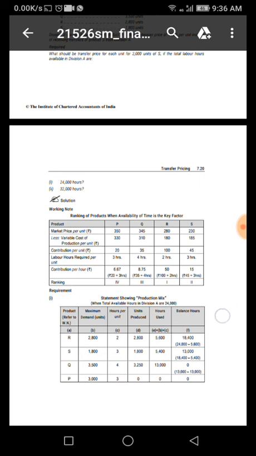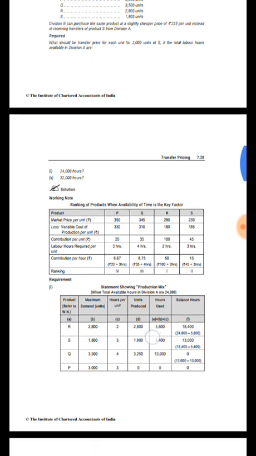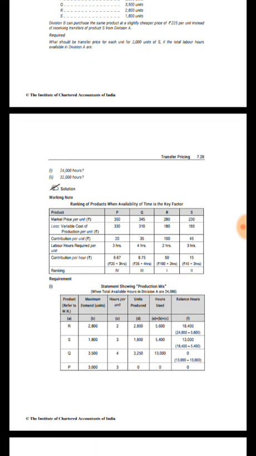Here you can put the cumulative number of hours. 5,600 for the first one, then this one requires 5,400, so the cumulative will come 5,600 plus 5,400, 11,000.